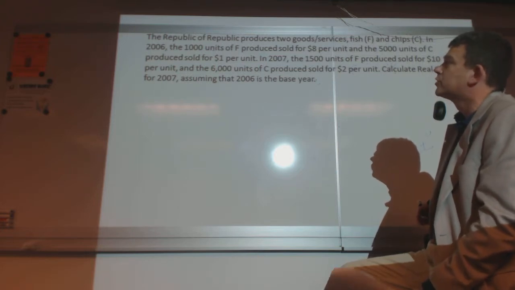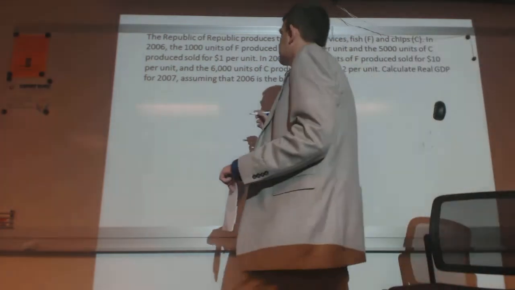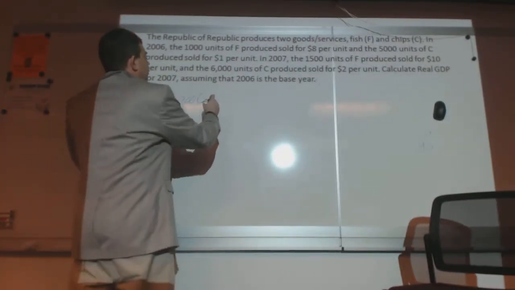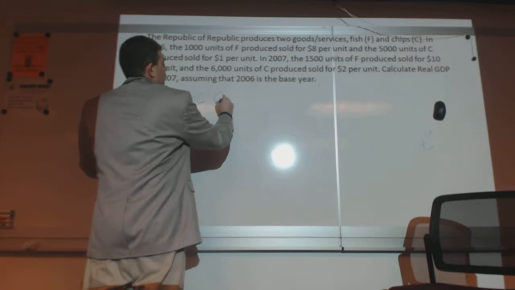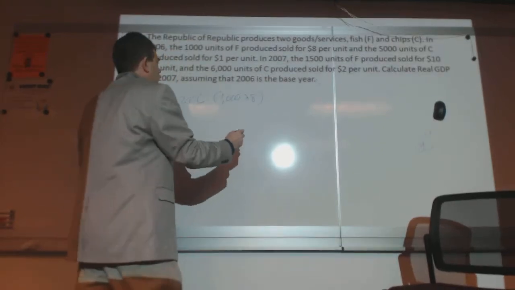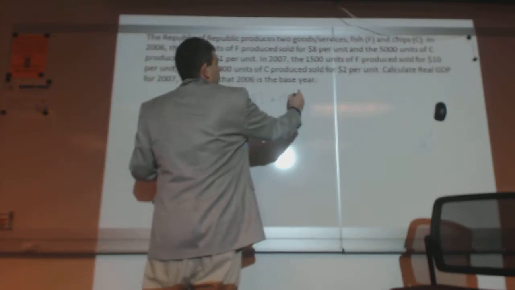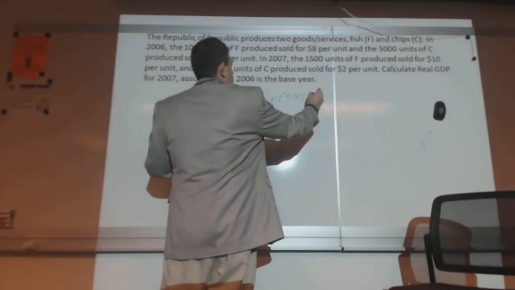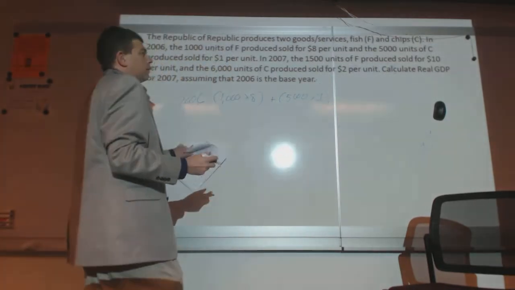In 2006, okay, so let's start with 2006, 1,000 units of fish were sold for $8 per unit, and 5,000 chips were sold at $1 per unit.